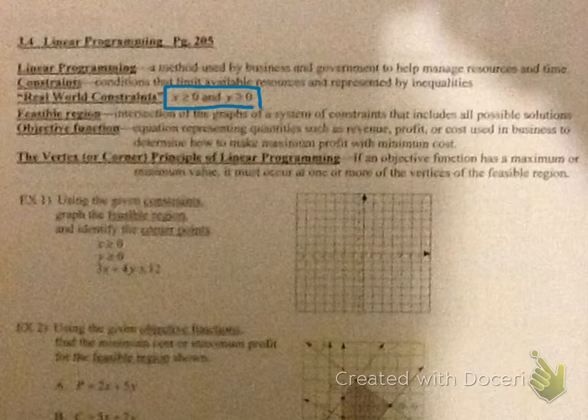The objective function. This is an equation representing quantities such as revenue, profit, or cost used in business to determine how to make maximum profit with minimum cost. The idea here is this. We're going to take a word problem. Based on some sentences, we create some inequalities that will create our feasible region. Then we will use an objective function, whether we want to minimize costs or maximize profit, to figure out where it would be best for that business to meet what we're trying to do.